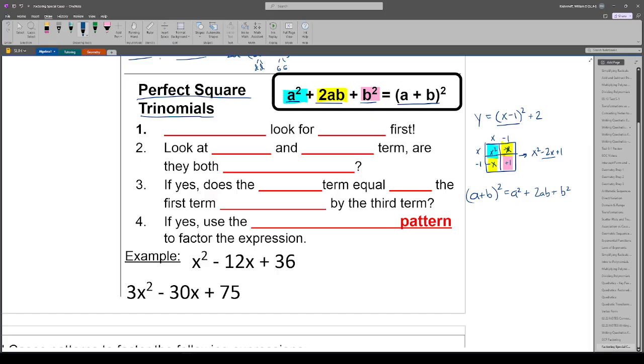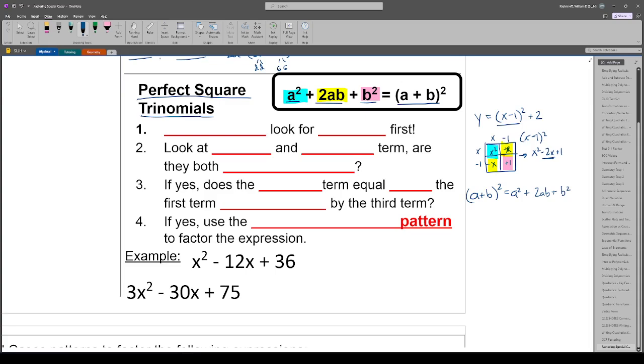But notice that in the one that we did as an example, we had x minus 1 squared. So we ended up with a negative 2x in the middle. The third term is always positive, because it doesn't matter if b is positive or negative. When we square it, it becomes positive.